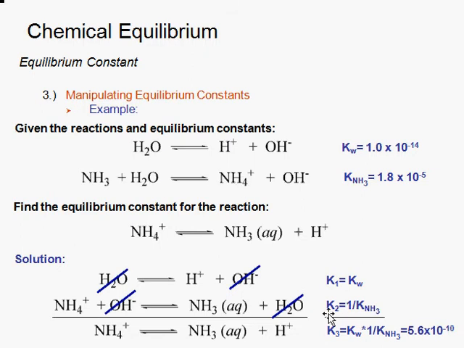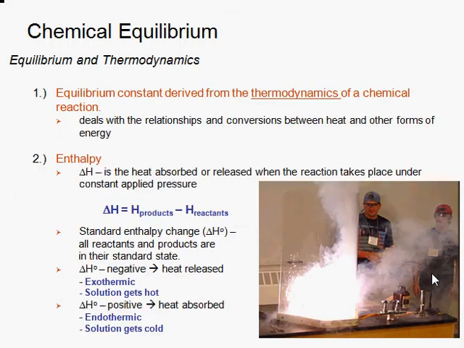For reversing, K2 will become 1 upon KNH3, and finally the addition will just be the multiplication of Kw and 1 upon KNH3. So this is how the question will be there, and we need to solve for the answer.